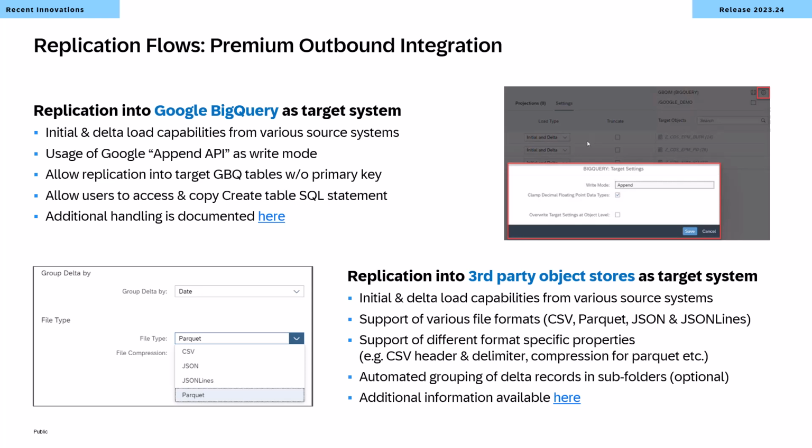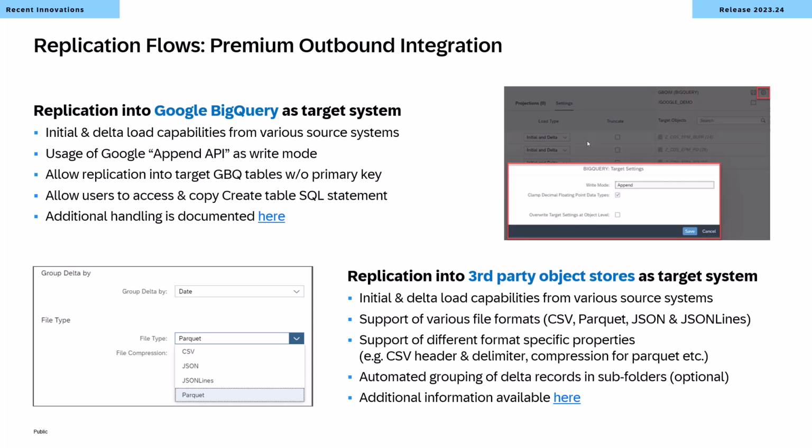So looking at Google BigQuery on top here on the slide, initial data load capabilities are supported for various sources. There is the usage of the Google Append API as a write mode, and that allows replication into the target tables on Google BigQuery without a primary key, and also allows users to access and copy the create table statement there.